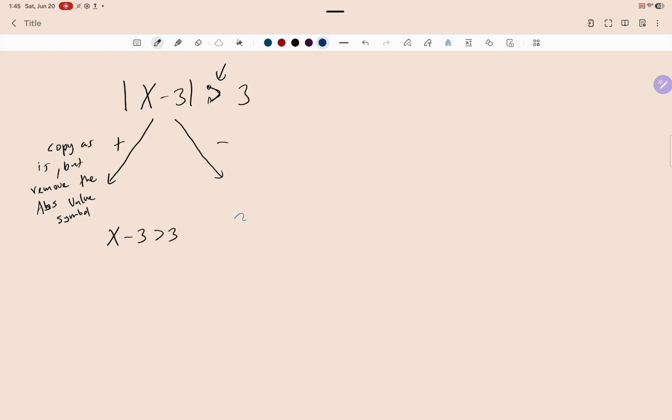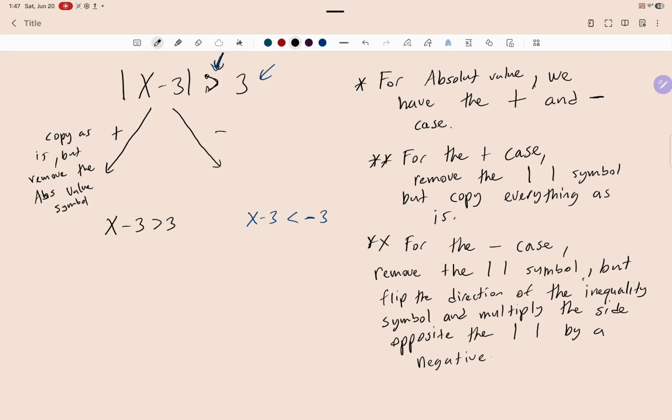Now for the negative version, we're going to also remove the absolute value symbol, so it's going to be x minus 3. But for the negative case, we're going to flip the direction of the symbol, so it's going to be facing this way, and we're going to multiply the thing on the right, in this case 3, by negative, so it's -3. So here I wrote the rules for how to deal with both the positive and the negative case on the right hand side of the screen.